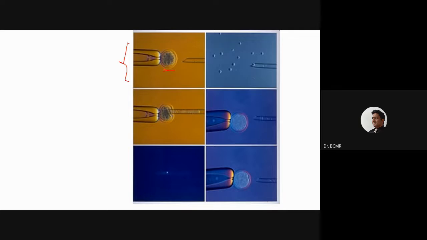The suction pipette will hold the embryo in place, or here it is the egg, for example. Then you take one of the somatic cells. I'm using a different example to show the technique part. This is a suction pipette, and this is the needle through which transplantation or insertion can be done, and so on.